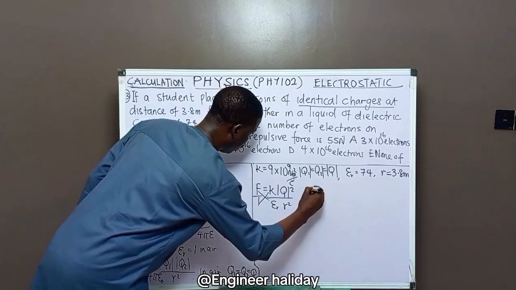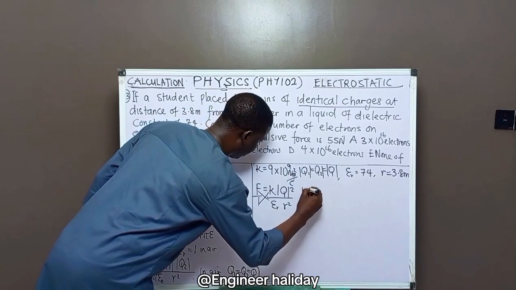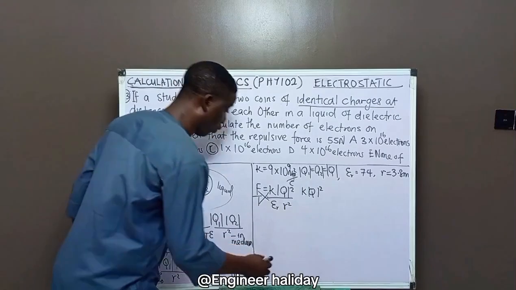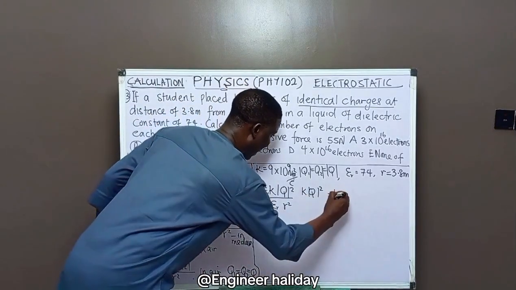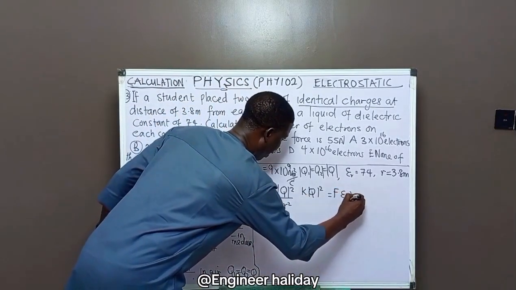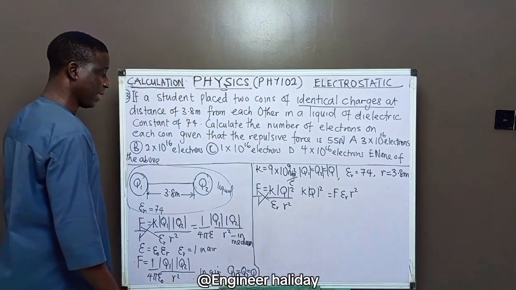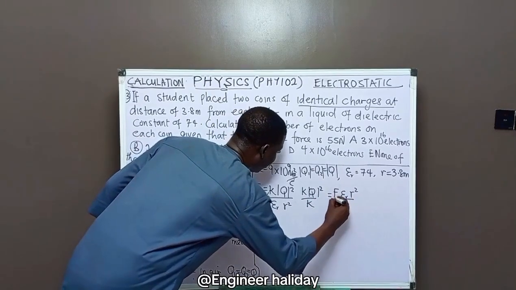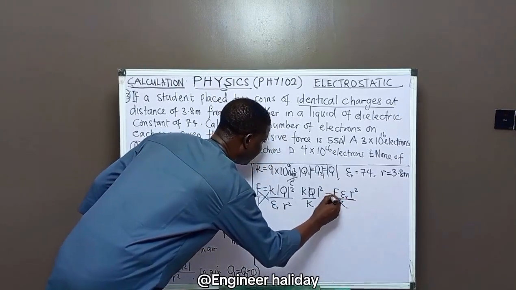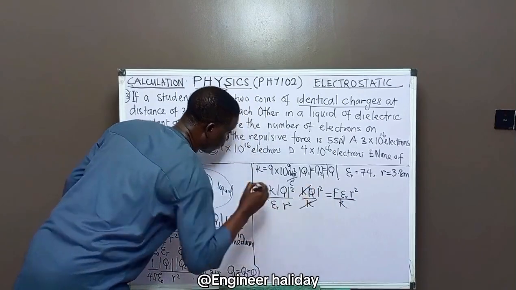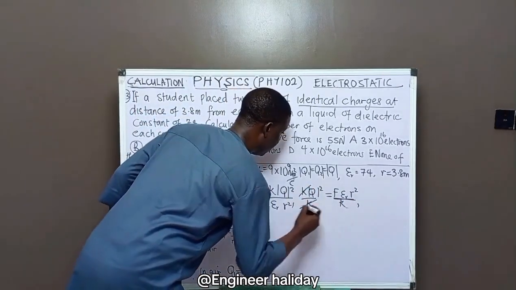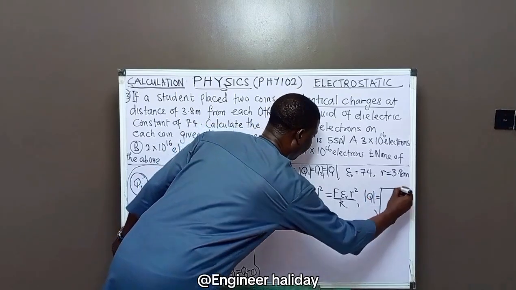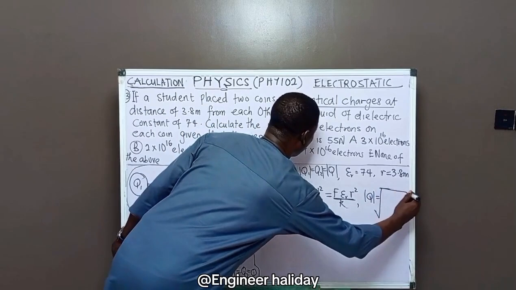I want to have K Q squared, or absolute Q squared, equals F epsilon R square. Then dividing both sides by K in order to make Q the subject, this one will cancel this. Therefore, we now have absolute Q equal to the square root of what? Now, how do we get the square root?